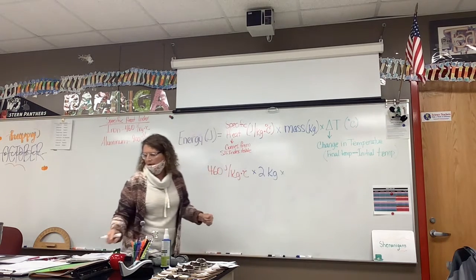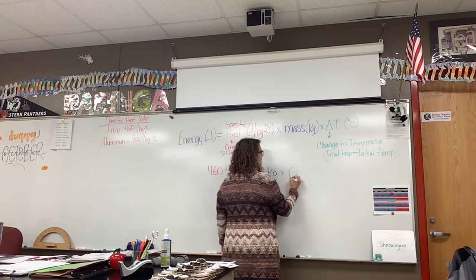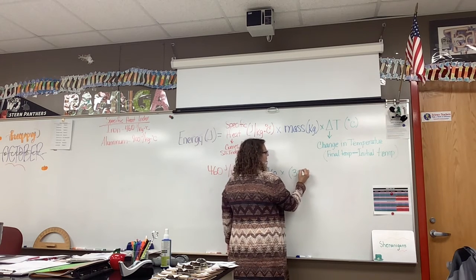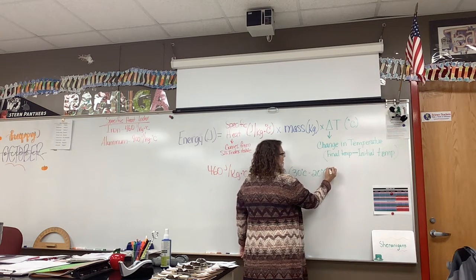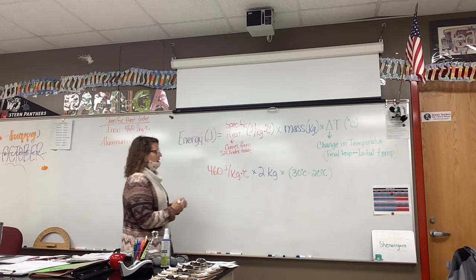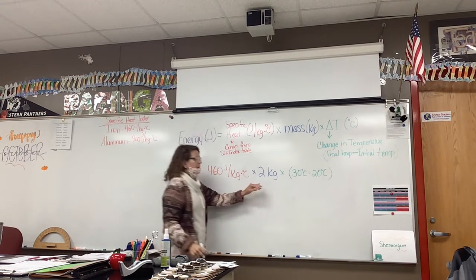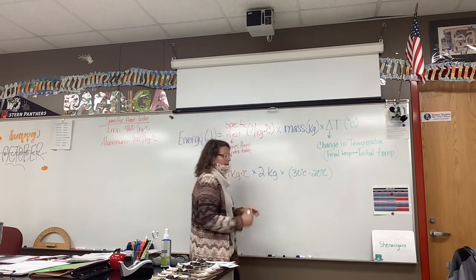It went from 20 to 30 degrees Celsius, so you take 30 degrees Celsius minus 20 degrees Celsius. And everybody can see that that's going to be 10, correct? So then when you rewrite the equation, you write times 10 degrees Celsius over here.